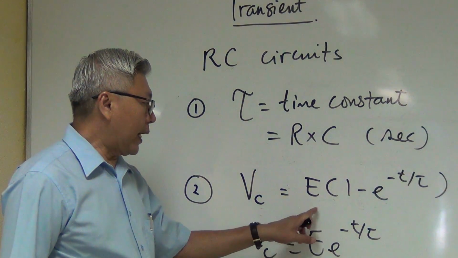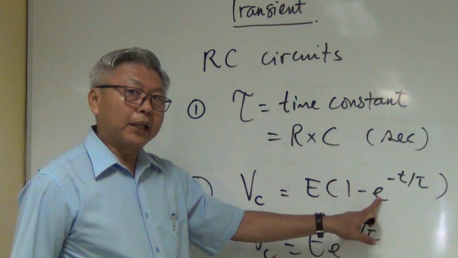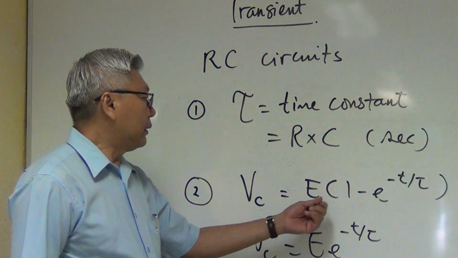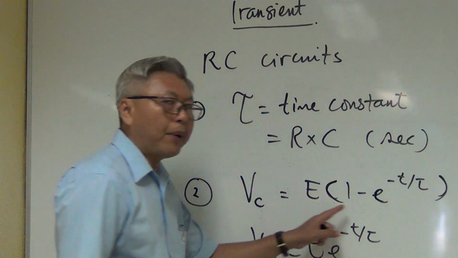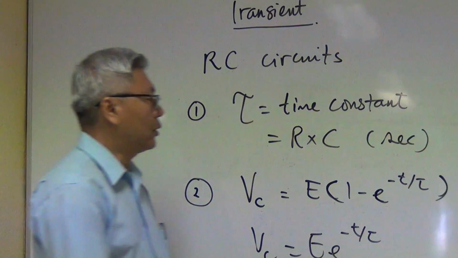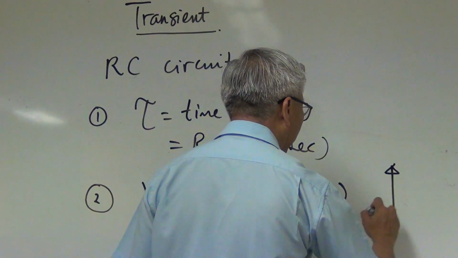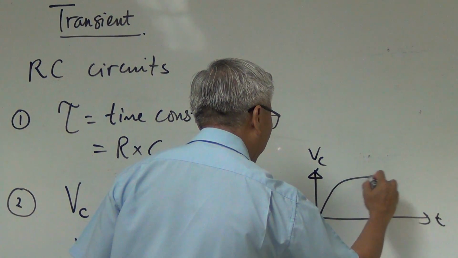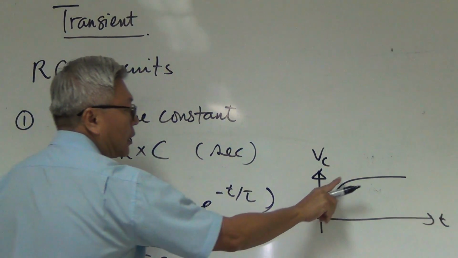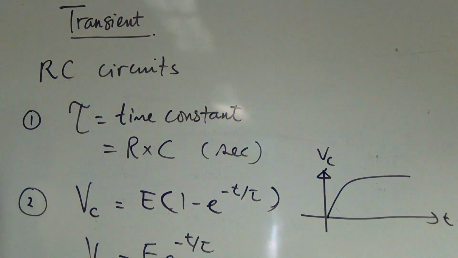One, this is an exponential function which you have learned in your mathematics. With a bracket, it is an increasing function. So if I were to draw a graph for VC versus time, this is an increasing function. In other words, you increase and then go to a saturation.